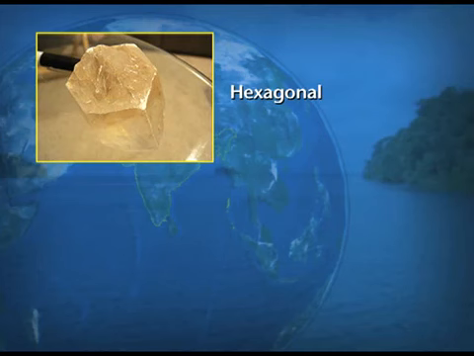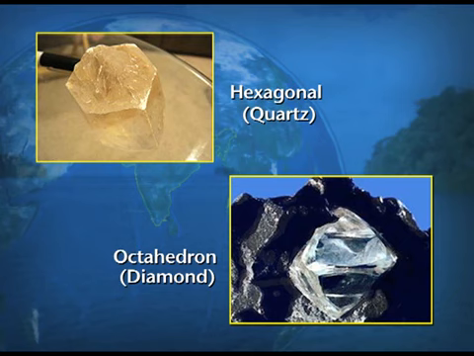I can give you two pictures. You can look at your screens and see the hexagonal shape and quartz, the main mineral which is found in this shape. The hexagonal shape has 6 sides, as compared to the octahedron. You can look at the screens and see the diamond, which is an octahedron, which has 8 sides.